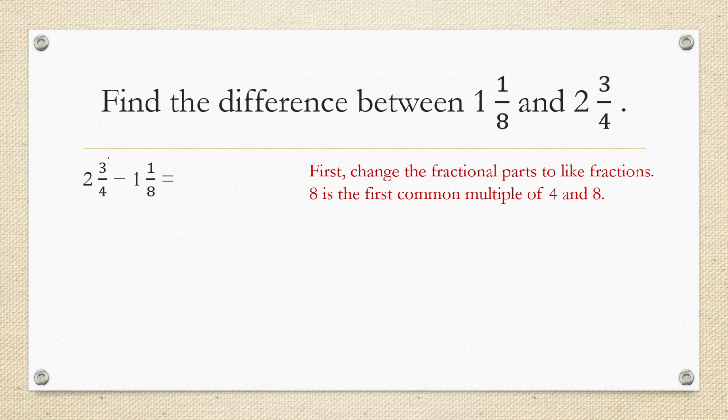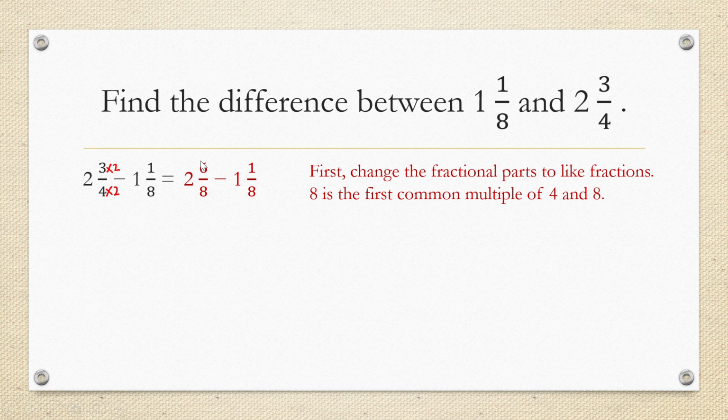So look at this fractional part and this fractional part. The first common multiple would be 8. So I multiply this by 2 for both the numerator and denominator, and I should get 2 6/8 minus 1 1/8.